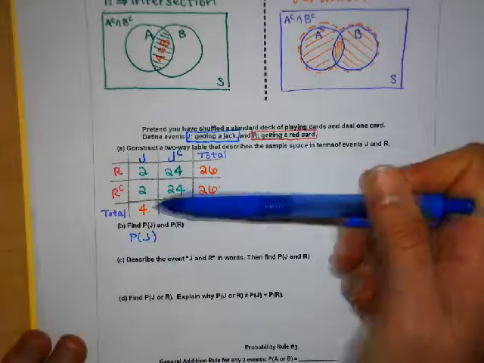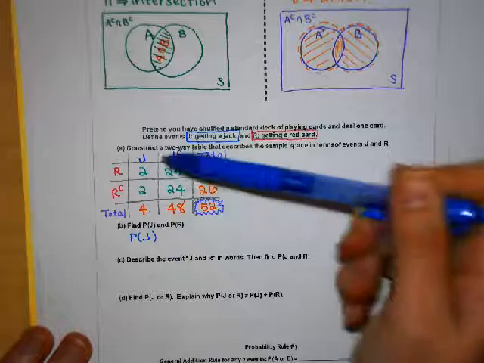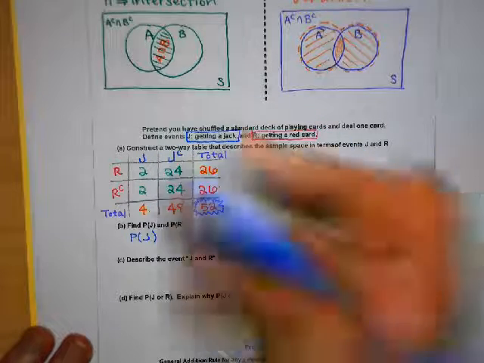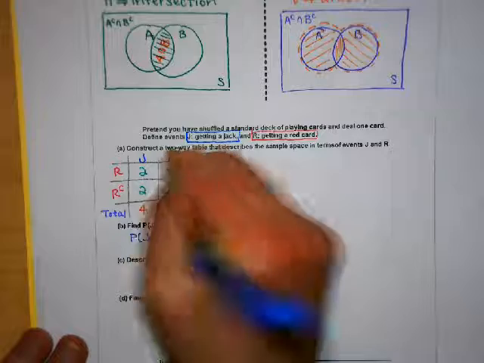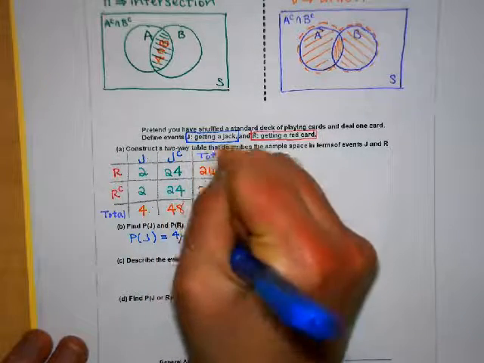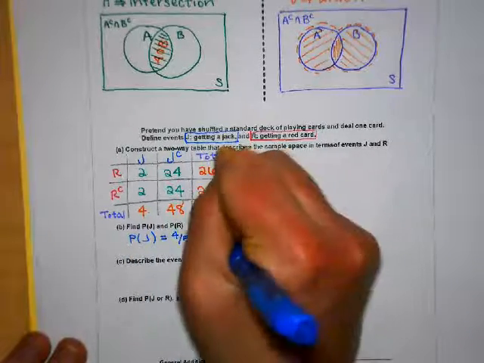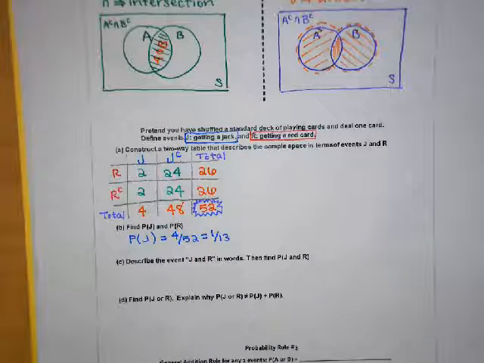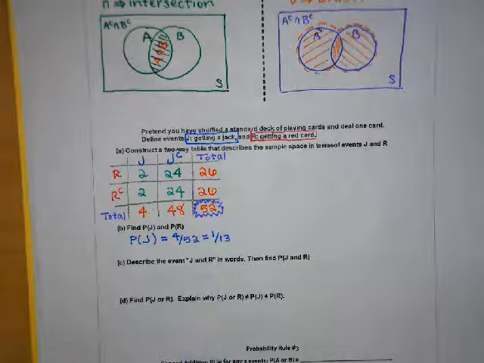So the probability of J is 4 out of 52, which, if I simplify that, is 1/13. I'm going to leave it like that. You can use decimals if you want. With cards, I like to leave them as fractions, probably because they usually tend to be not pretty decimals.